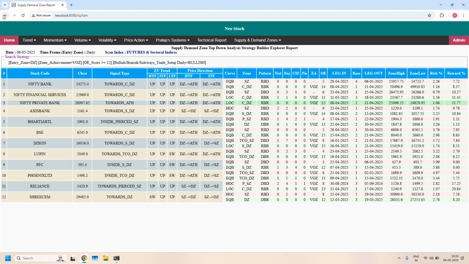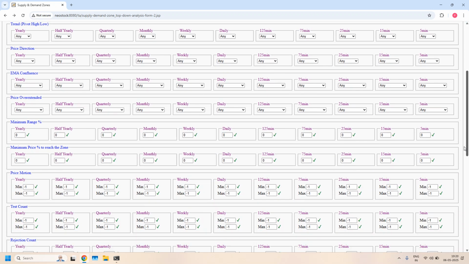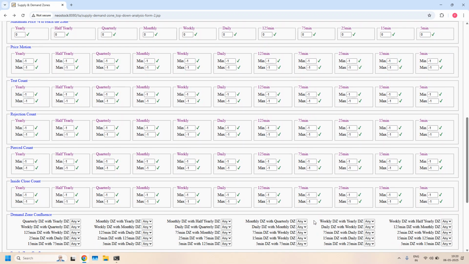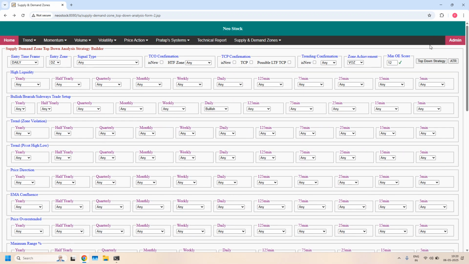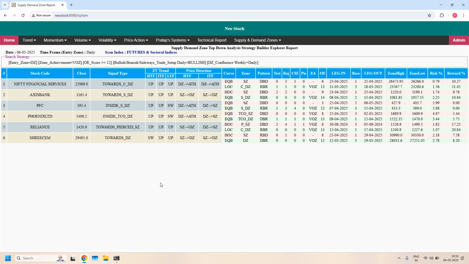First filter, daily and weekly demand zone confluence. That is LTF and ITF demand zone confluence. With this filter, we got 6 stocks. In all these 6 stocks, these daily demand zones are overlapped with the weekly demand zones. And the weekly trend is up in all the stocks.